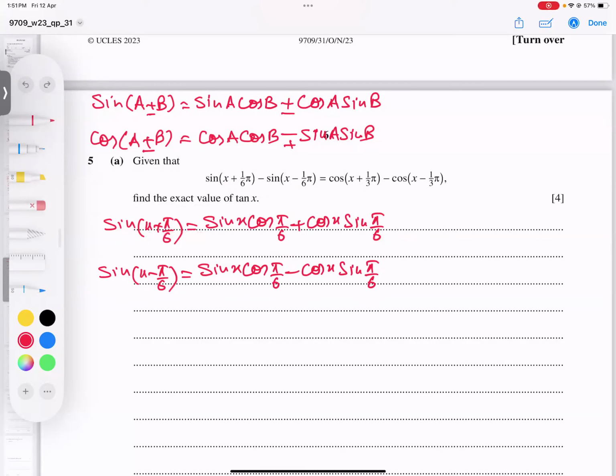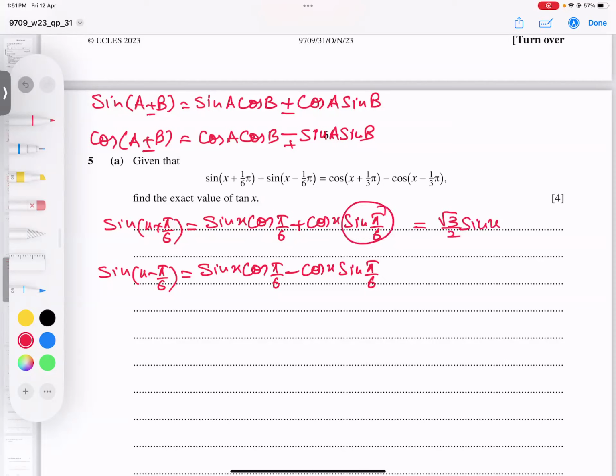So if I apply the upper one, cos pi by 6, if you type it in the calculator, is root 3 by 2. So I got root 3 by 2 sine x.